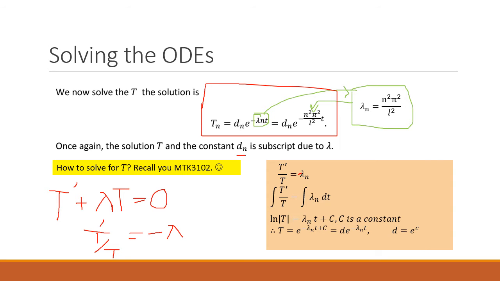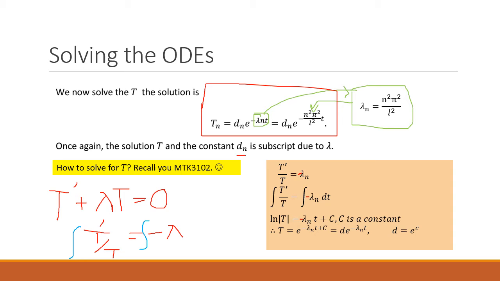Jadi this equation is separable. Dekat sini tadi saya dah letak minus, so dia dah tertinggal, so yang ni adalah minus. Okay, so daripada sini dia adalah separable dan dia adalah first order DE.